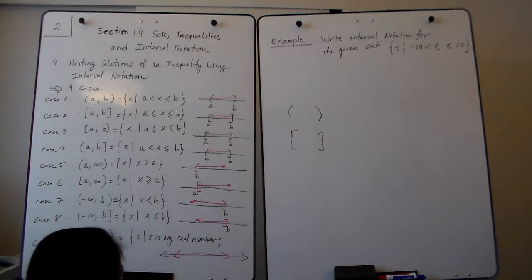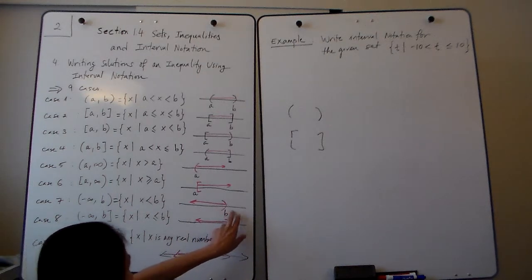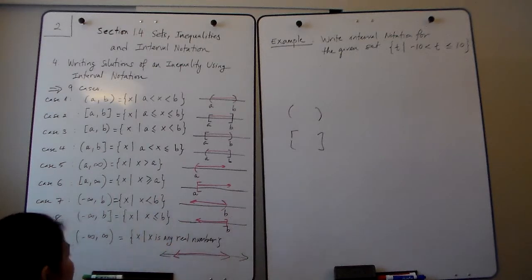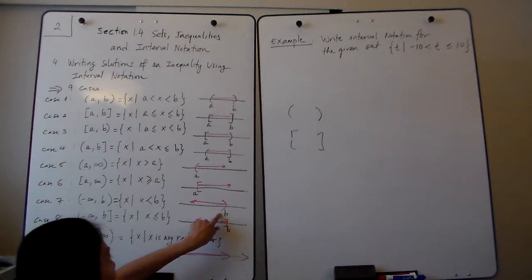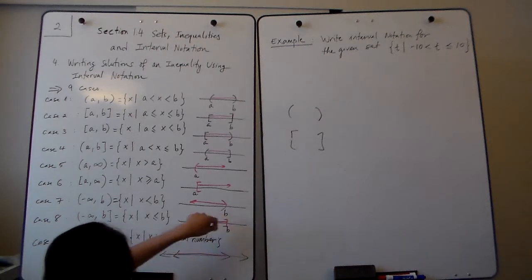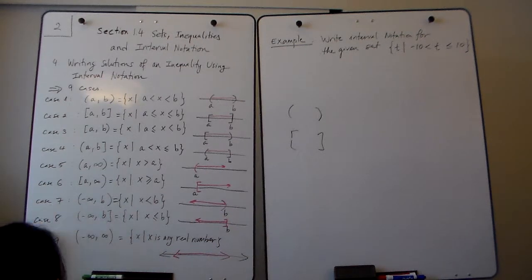So solutions are any real numbers from B extending to the left, negative side. But we don't include the right endpoint B. Case 8, very similar to case 7, except that we include the endpoint B.